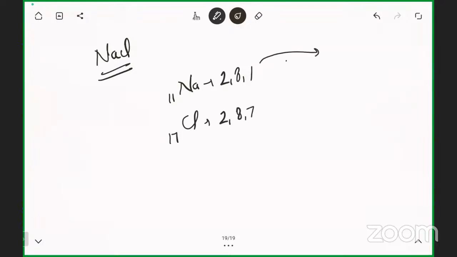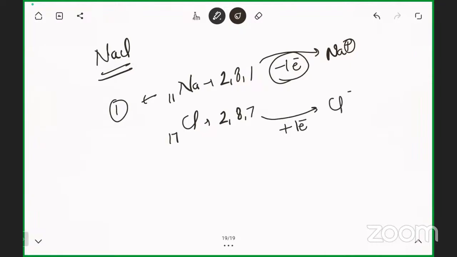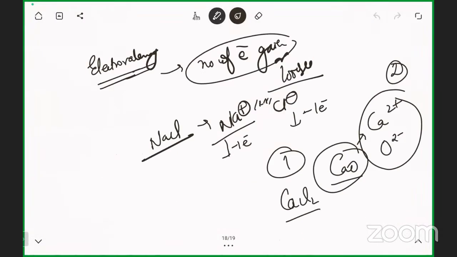Na will donate 1 electron and become Na positive, so its electrovalency is 1. Cl accepts 1 electron and becomes Cl negative, so its electrovalency is also 1. Now clear? So remember, the number of electrons gained or lost while forming the electrovalent bond is known as electrovalency.